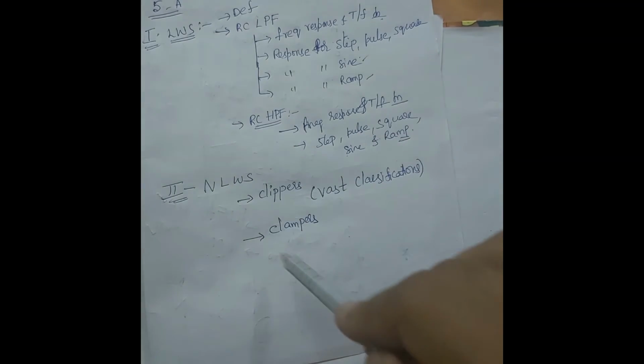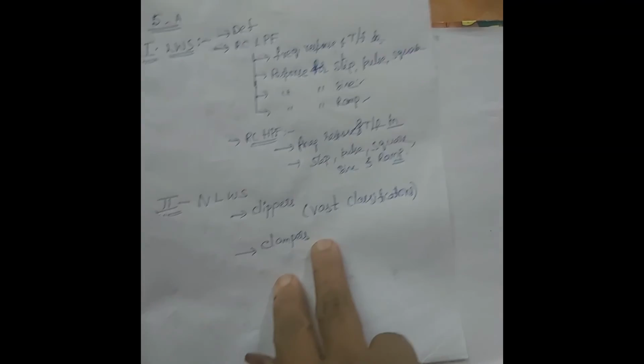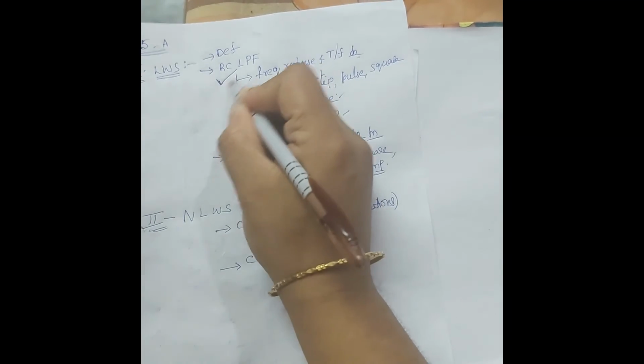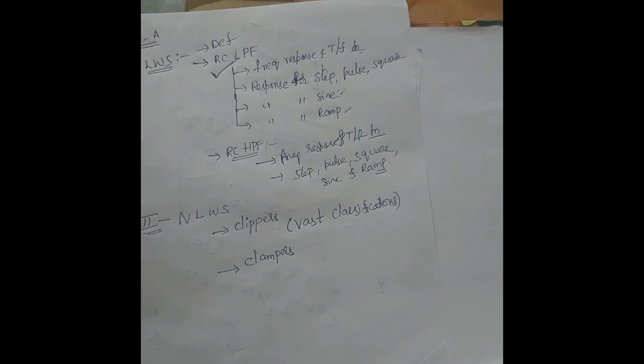So in tomorrow's class we are going to discuss RC low pass filter. What is linear wave shaping, what is RC low pass filter, how it is going to work, what is the transfer function of this, how we are going to analyze all the responses, that we are going to see now in this session.